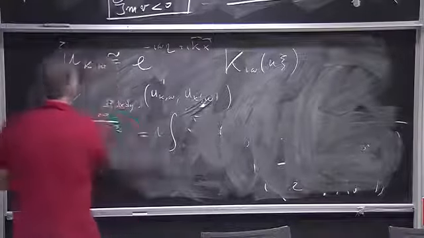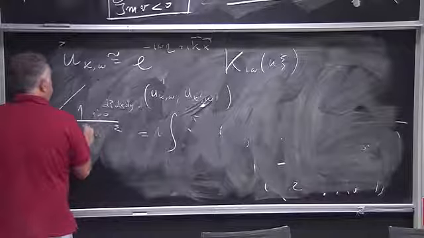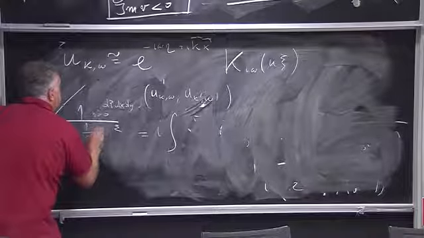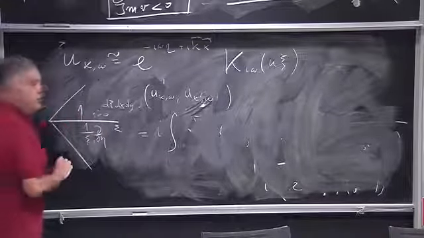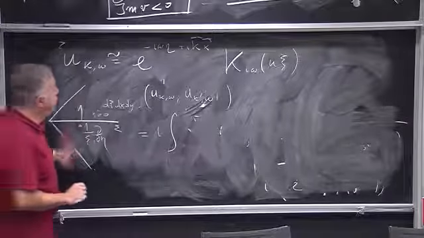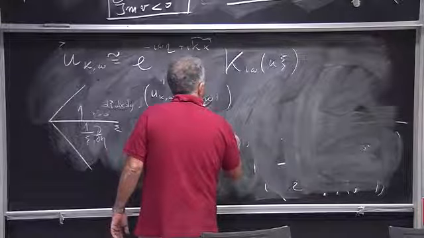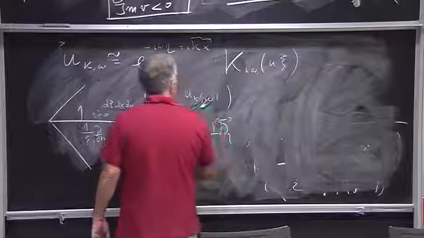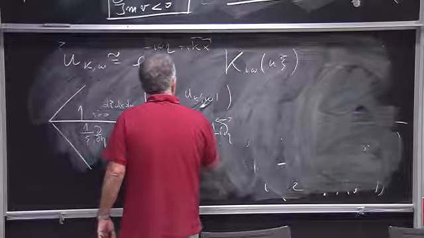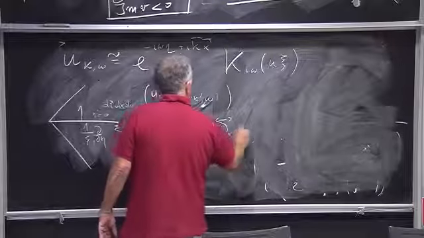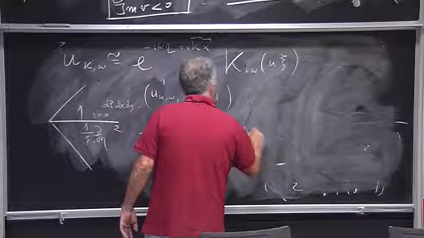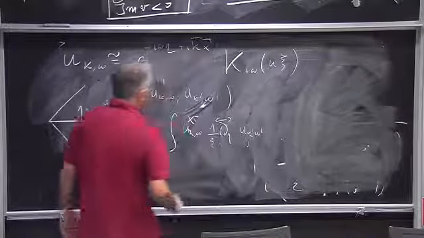And the normalized time derivative is 1 over xi d over d eta. Verify the things I'm telling. So you put here 1 over xi d d eta u star k omega u k prime omega prime and compute.